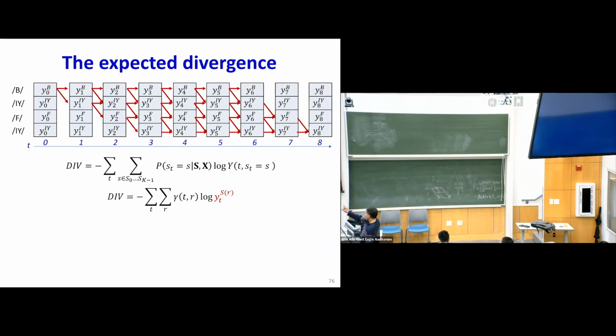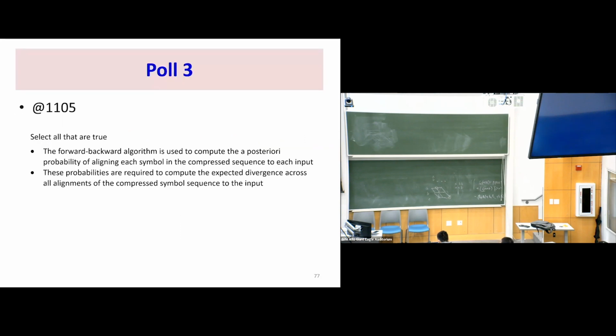So that's going to be your new divergence. So we got our expected divergence over all possible alignments, and it wasn't a particularly hard algorithm to compute. Very straightforward, right? We didn't have to choose an alignment anymore.